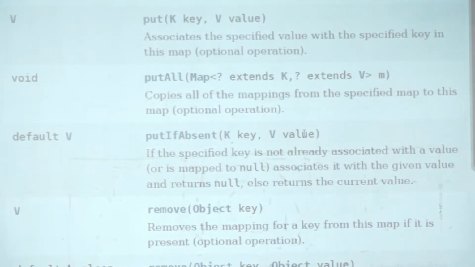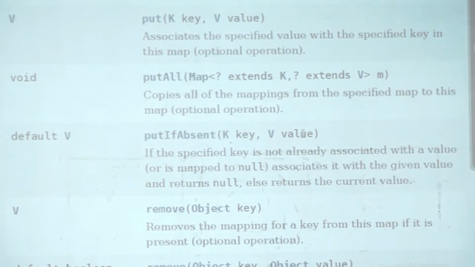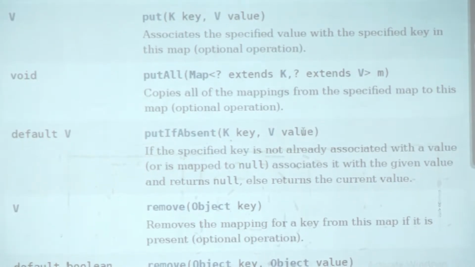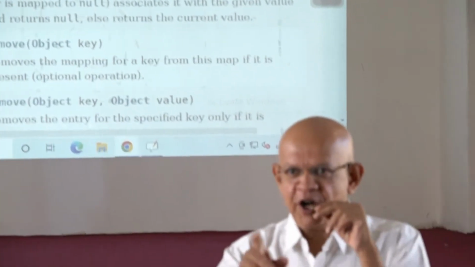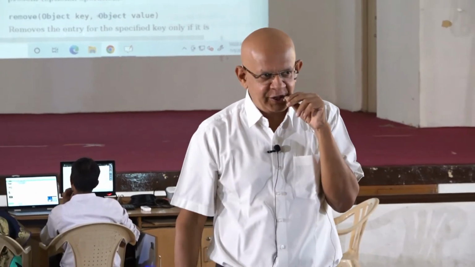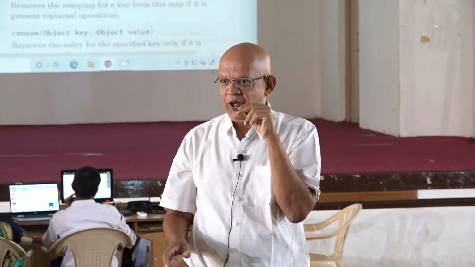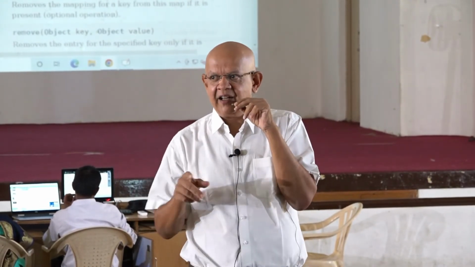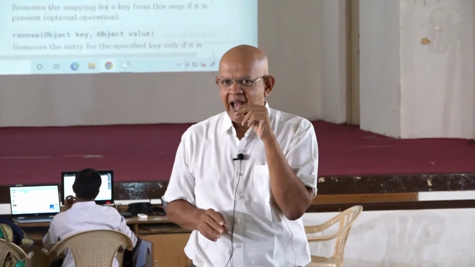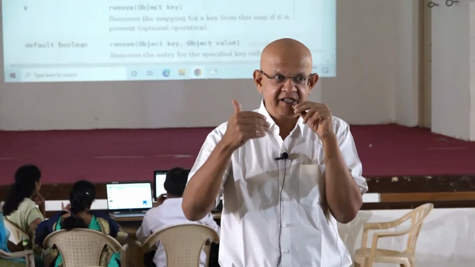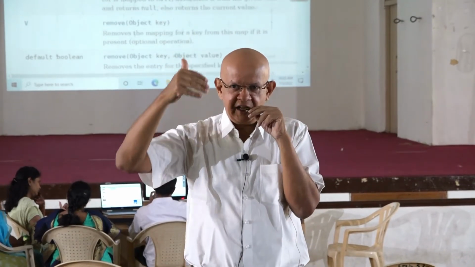But I want to make an entry only if it is not there. I don't want to overwrite. So if I want to do that, I will say putIfAbsent. So if the key is not there, then only it will come in. Otherwise it will not. Are you understanding the difference between put and putIfAbsent?